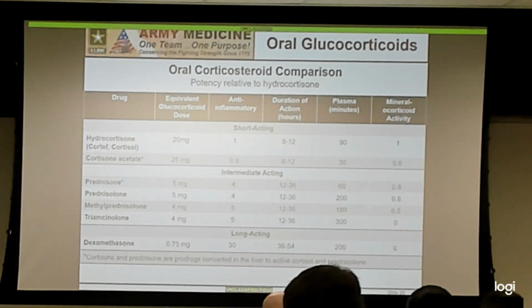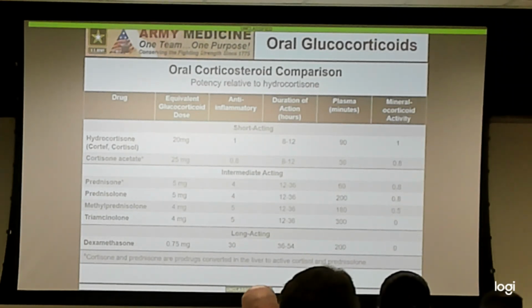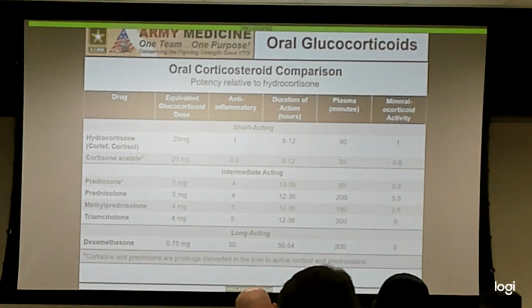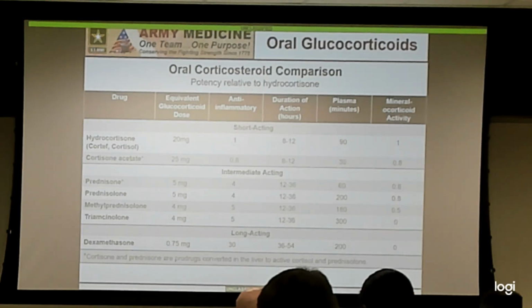So hydrocortisone, you see, is very short acting, and you see your equivalency dose if you had 20 milligrams. So how you're reading this is if you had prednisone, I would have to give them 5 milligrams. So that's telling you that prednisone and prednisolone are stronger or weaker than hydrocortisone. Stronger, right? Because I'm using less of a dose.